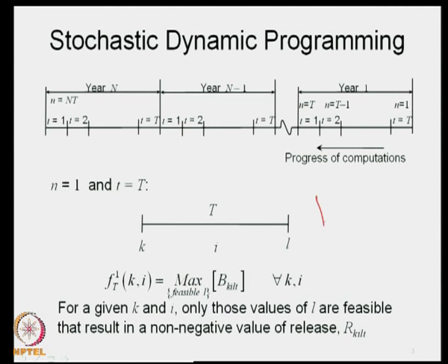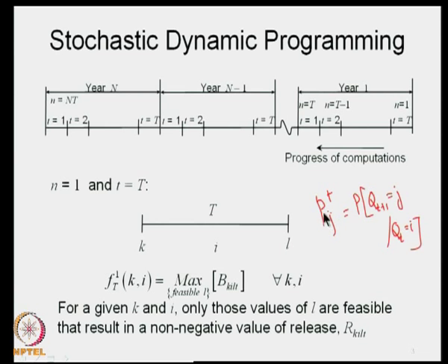We said Pijt, we are referring to the inflow transition probabilities, as the probability of Qt plus 1 belonging to the class interval j, given that the inflow in time period t belongs to class interval i, and this equality sign I am using to indicate that it belongs to the particular class interval.